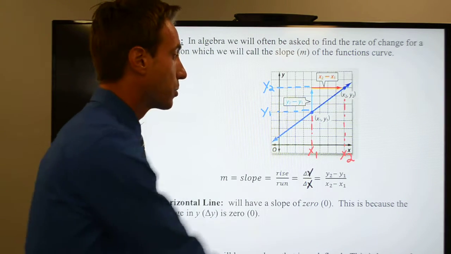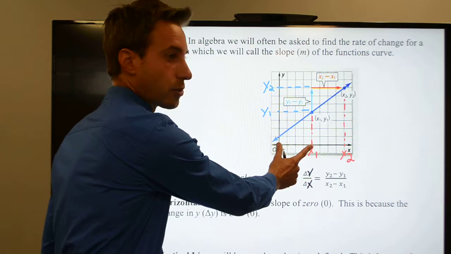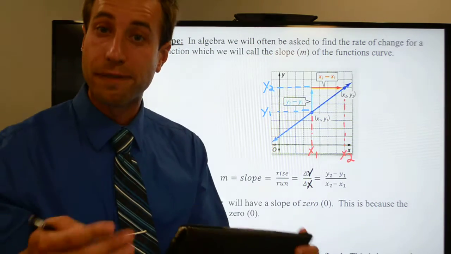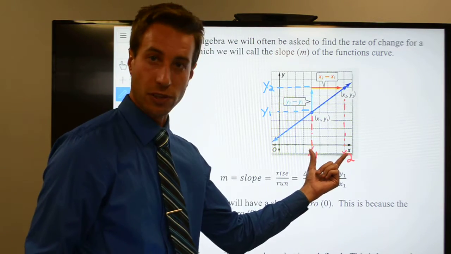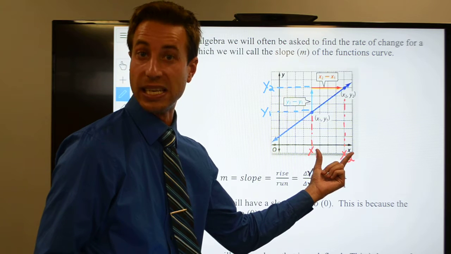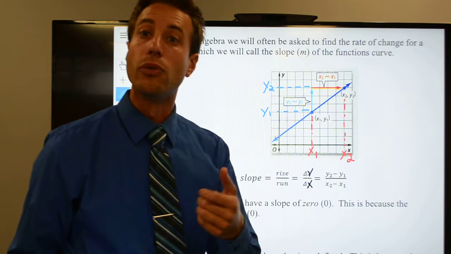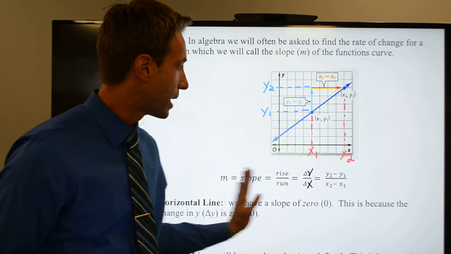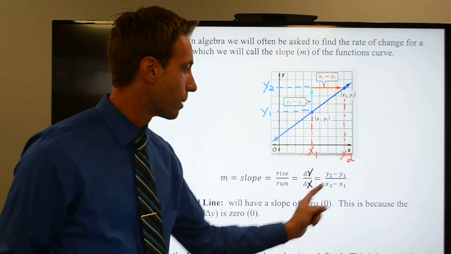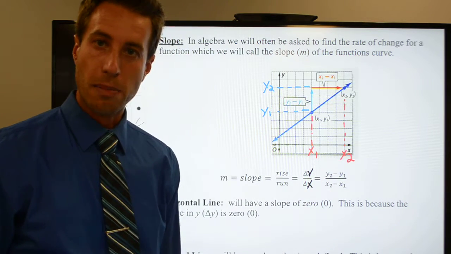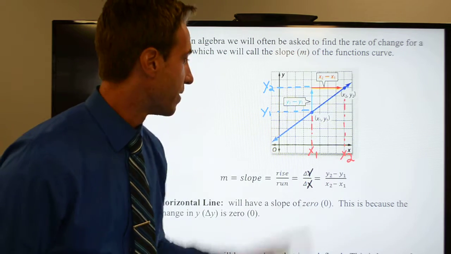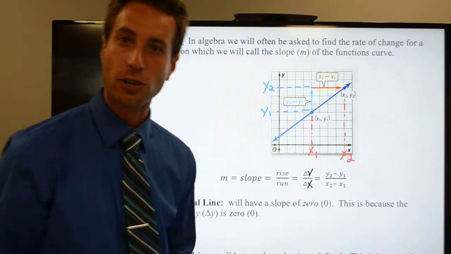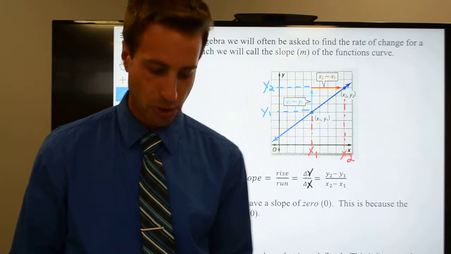I'm going to subtract this distance right here, and what's left over, well, that's the difference between them, the distance between x1 and x2. The change in x. So that's how this formula works. That's why it's y2 minus y1 over x2 minus x1, and that is always going to get you, when it's a function, the slope, which we abbreviate m.